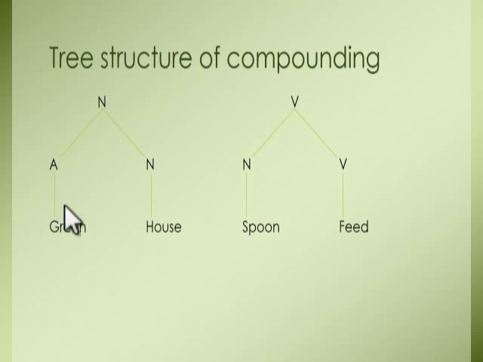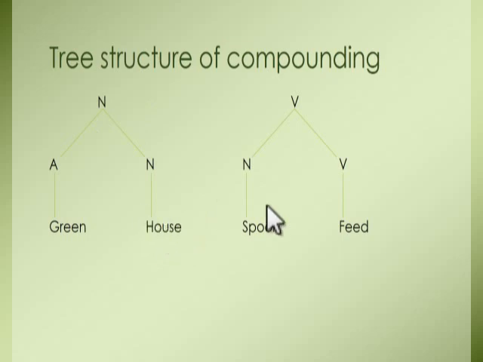Green is adjective, right? So you write A, and then house is noun. Okay, house is noun, and then you draw the line and write noun, and you combine this adjective and noun, and it becomes a noun compound because the head is rightmost.